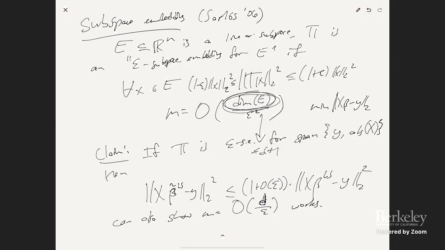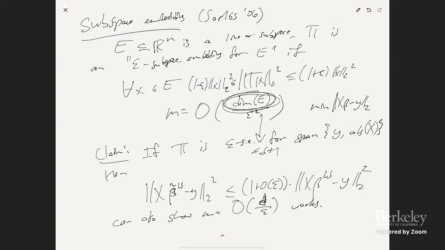And then you run gradient descent with that matrix. You can show that you only need something like log 1 over epsilon iterations of gradient descent to get good error. And you're only ever working over dimension D without the poly 1 over epsilon dependence. Okay, so that's another thing you can get.